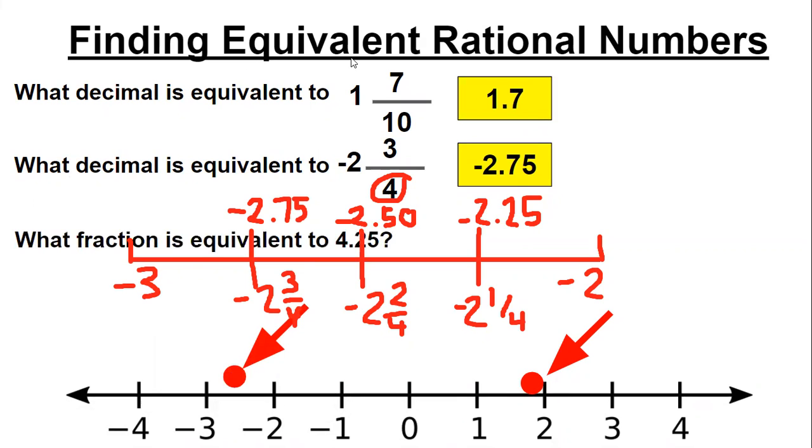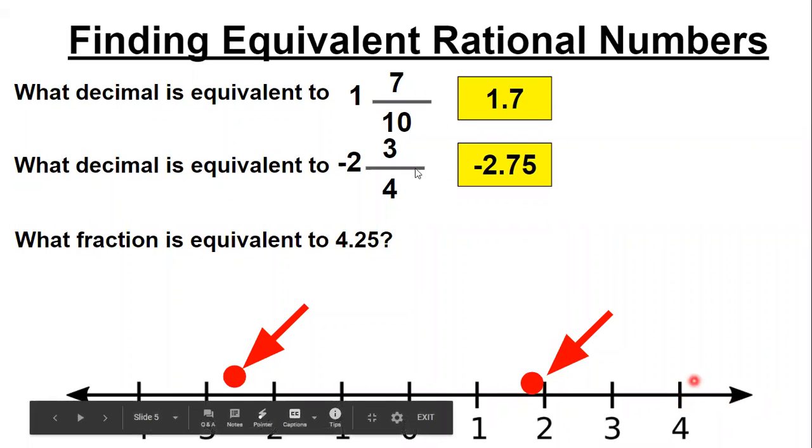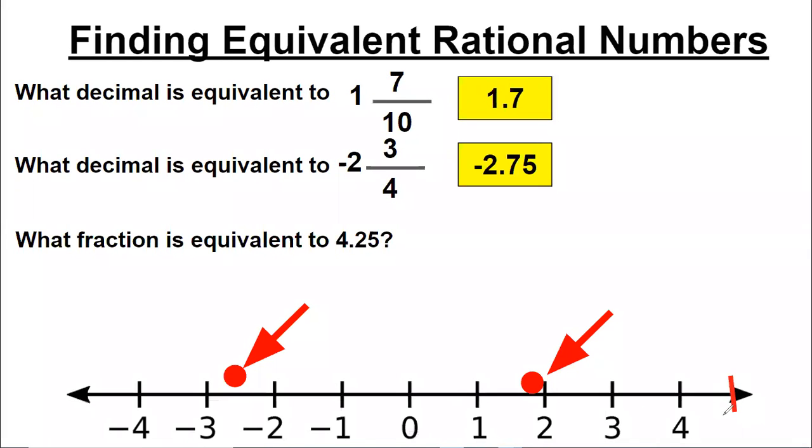Now I'm going to clear this. What fraction is equivalent to 4.25? Well, I know I have to go past the 4, right? But not all the way to 5. So I should draw a little 5 here. So we know we're going to be between 4 and 5. What is it broken into? How many parts? Well, we see a 0.25 here, so it's broken into fourths, quarter size.